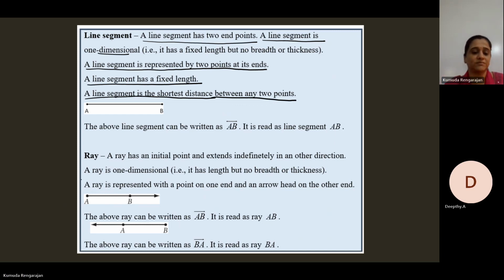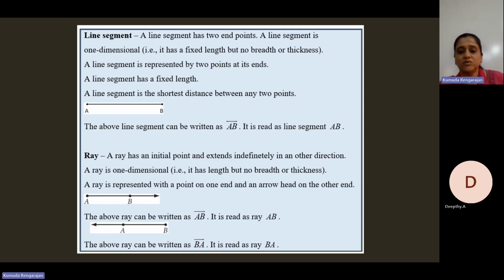A ray has an initial point and extends indefinitely in another direction. Say this is the initial point of the ray. So this is ray OA.